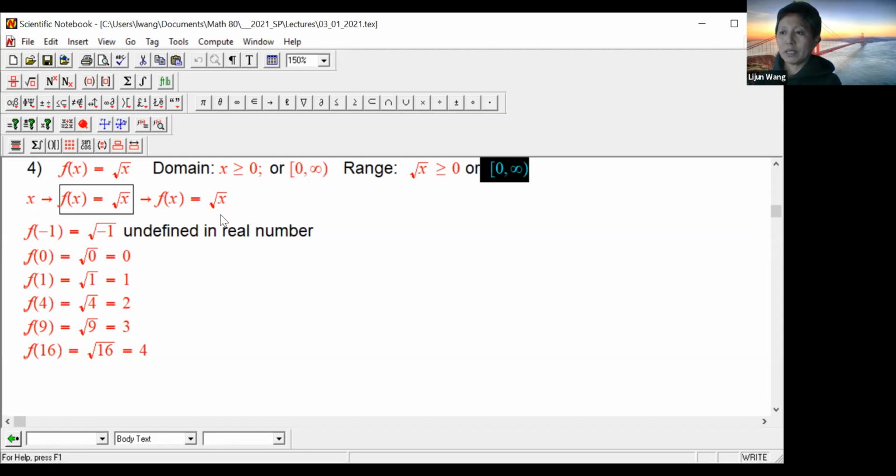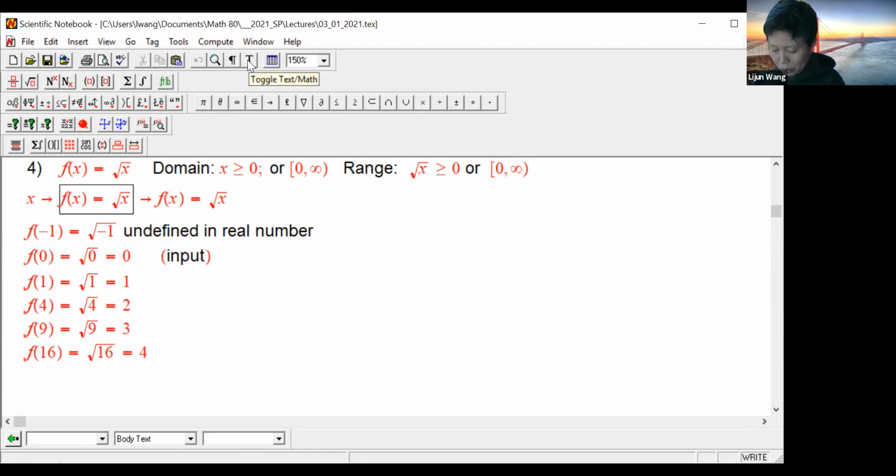So let's plot some points. In terms of the input output, what I have shown you is that we handle different rules pretty much the same way, don't we? We study the input, we study the output, we study domain, we study the range, and we make the input output pairs, and we plot the points. So we use the same method to study different rules.